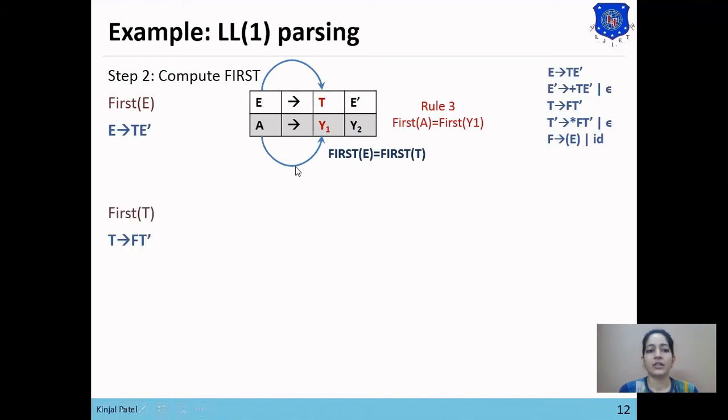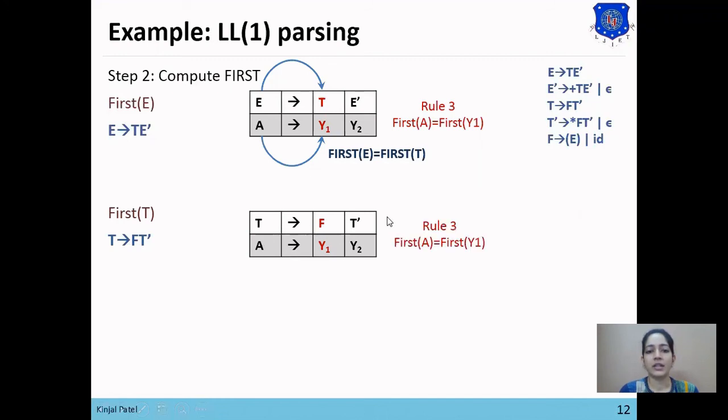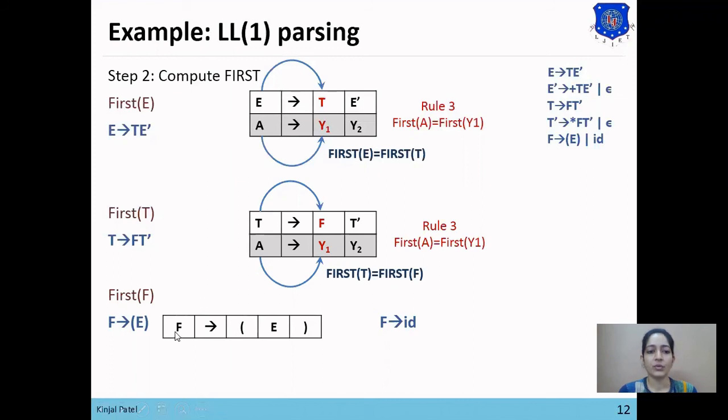The production of T is T produce F T dash, and it also matches rule 3. Here the non-terminal is present at the first position, so we need to find first of that non-terminal. To find first of T, we need to find first of F. There are two productions of F. The first one is F produce (E) and the second one is F produce ID. We'll check the first production.